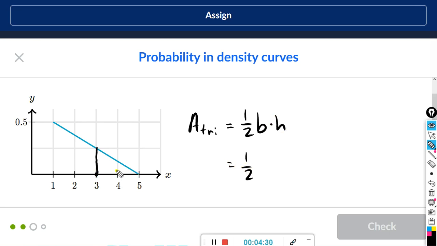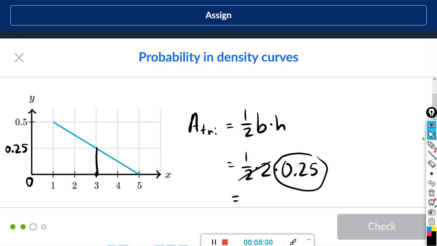So 5 minus 3 is just 2. And as far as the height of this triangle, this right here is 0, and this is 0.5. So this right here must be 0.25. So the height of this triangle is 0.25. Half of 2 is just 1, and we're left with 0.25.